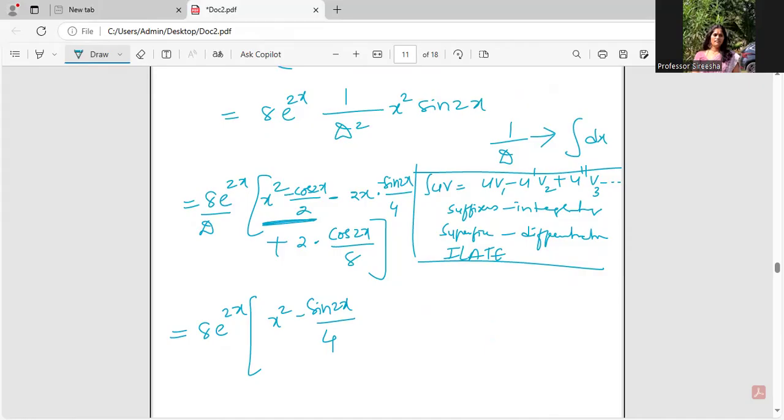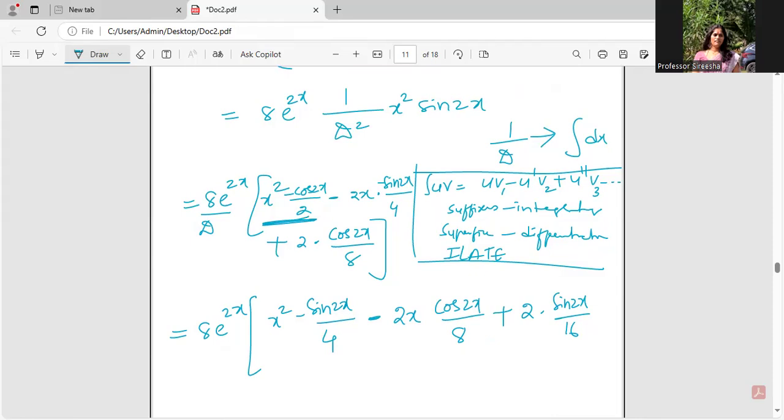Minus x squared derivative is 2x. Sin 2x is minus cos 2x. So cos 2x by 8. And final time, that would be what? 2 into cos x integration is sin by 8 to 16. This is the end of the first term integration.